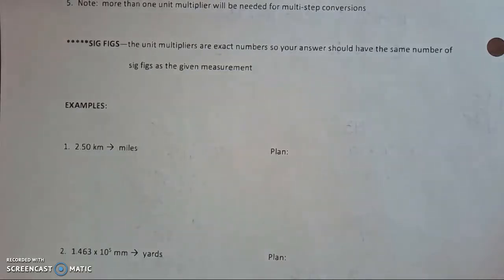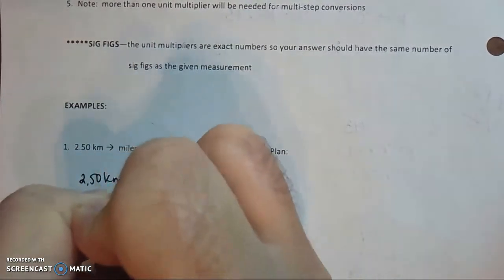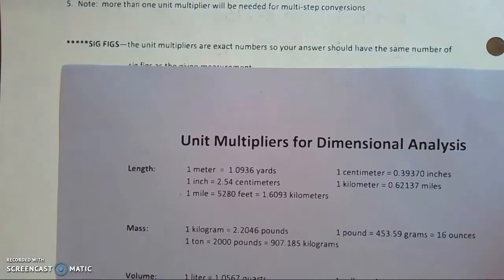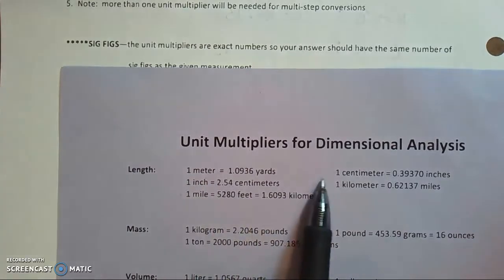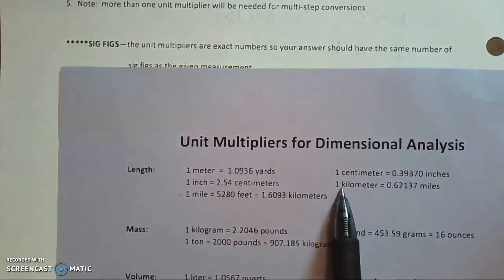So if we have 2.50 kilometers and we want to change it into miles, we write down what's given, 2.50 kilometers. That's our first step. Now we're going to go to our purple sheet and we're going to look for a unit multiplier if there is one between kilometers and miles. So if we look, we actually have two that are possible, and it doesn't matter which one we pick, they're both going to give us the same answer.